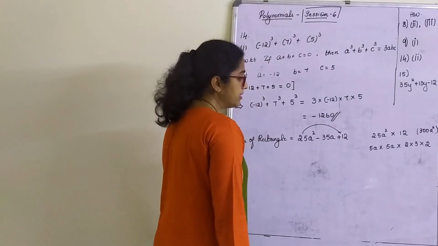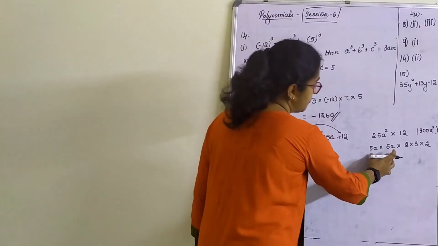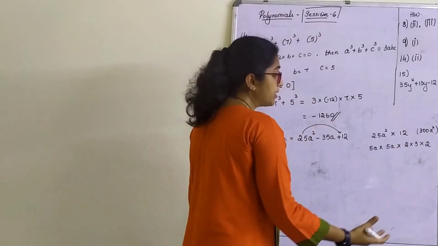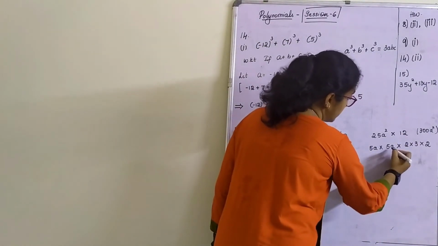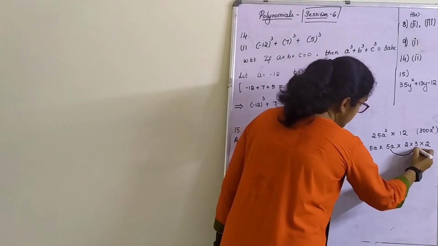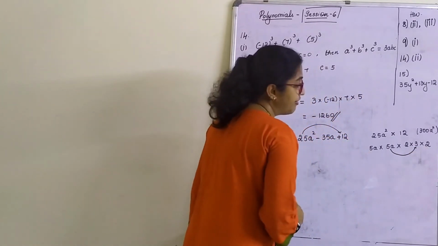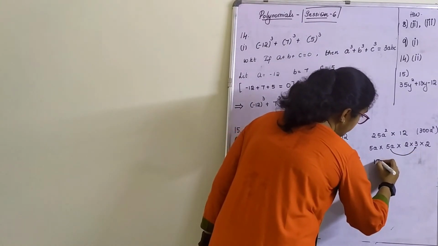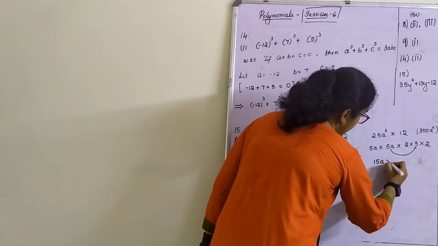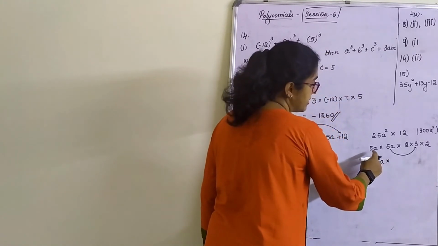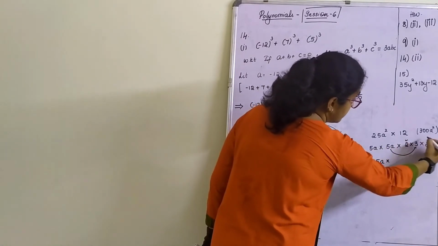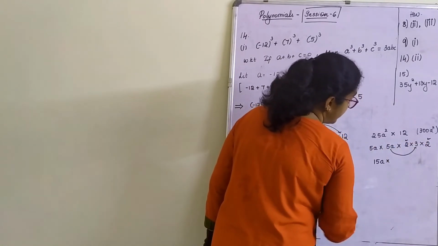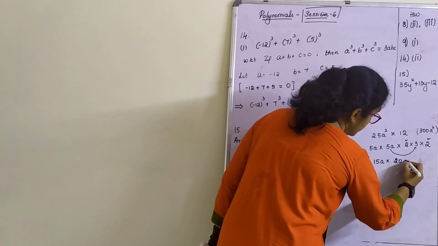Okay, so keep that in mind. So if the first factor is 25 and 12 only, then what other factors can I find? So let me go on trying this by trial and error. Next I will take 5 threes are 15, 15a into, next I will take the remaining 2, 2 twos are 4, 5 fours are 20, 20a.